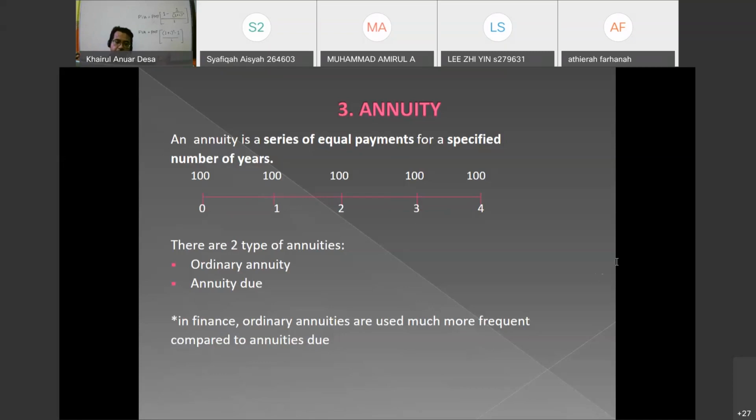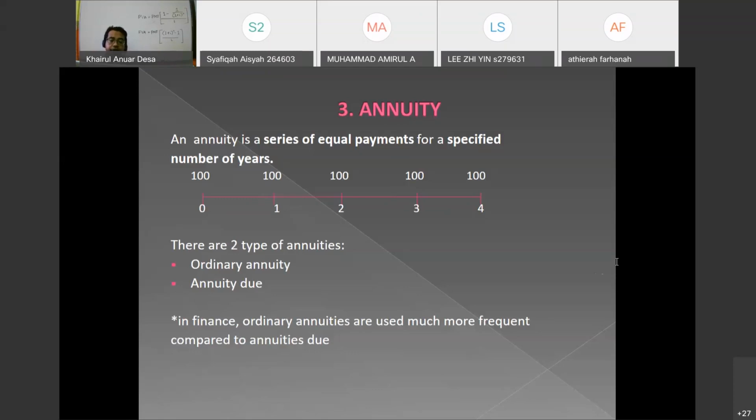We have a house, and we rent out the house to the public, and we receive rent payment every month. Let's say 700 per month, and the rental agreement is for 5 years.